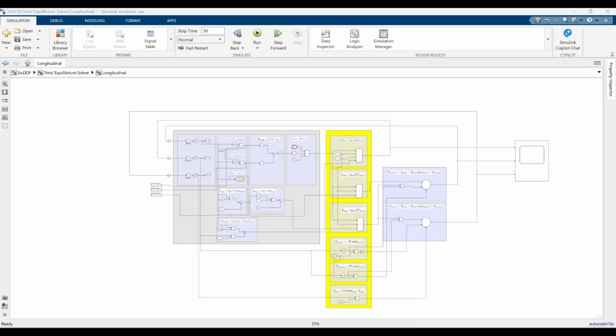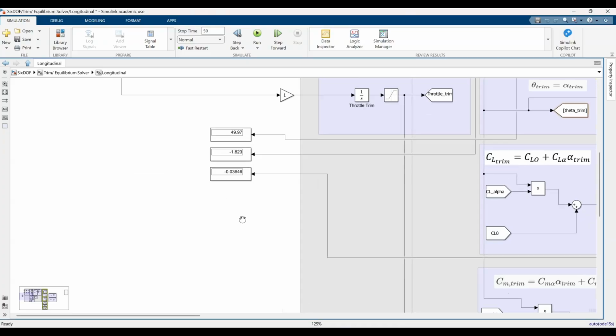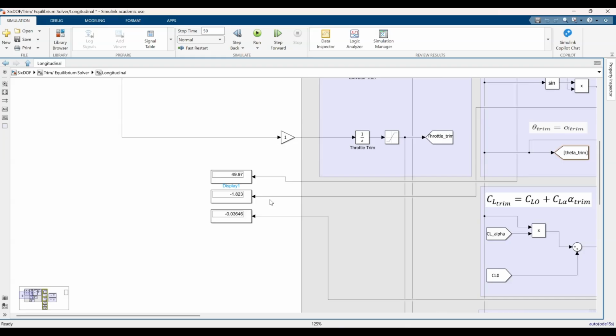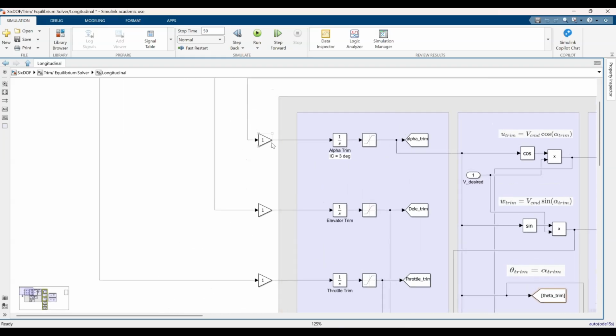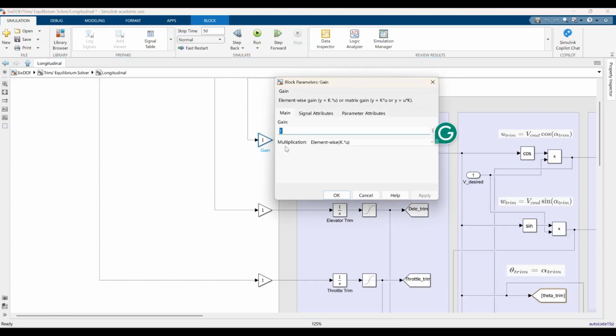All right, looks like it compiled pretty fine. Once it compiles, what you want to do is look at the values on the display, and then use those values for setting up the initial conditions. Before that, let's actually give these gains a nice value, because right now looks like the gains are pretty high, and you just have to play around with them.